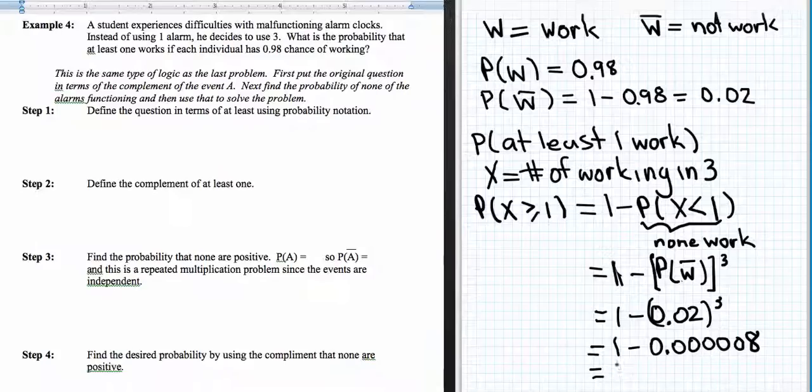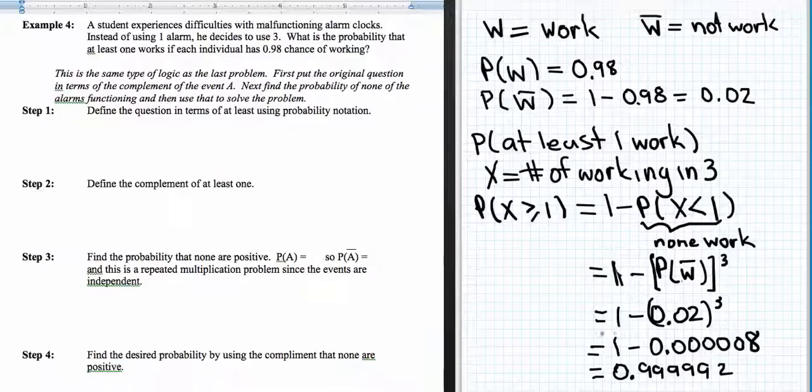And this, of course, gives me 0.999992. And that would be the probability that the student is going to get woken up if they use 3 alarms.